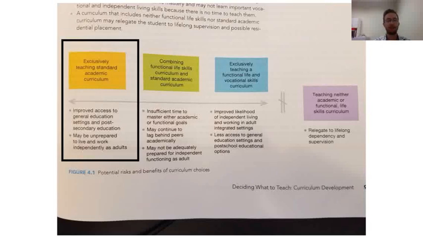However, a potential disadvantage is they may actually be unprepared to live and work independently as adults. So one can argue that just because they get more or improved access to general education or post-secondary education settings does not mean that they're necessarily going to benefit from instruction on the standard academic curriculum in those settings.